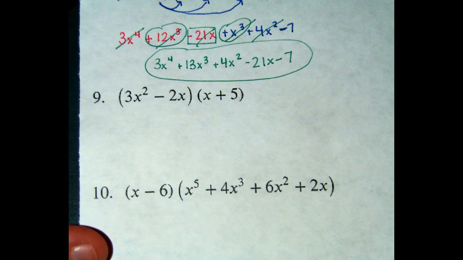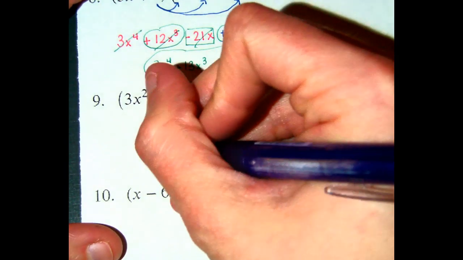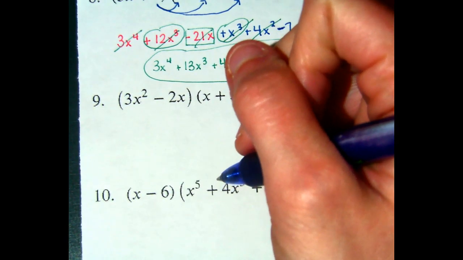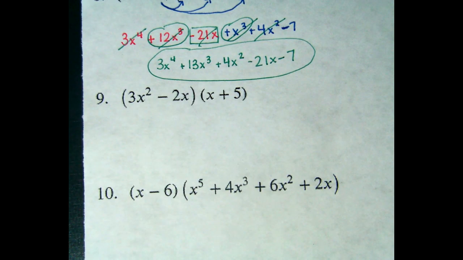If you have finished completely number 9, somebody tell me what their final answer for number 9 was. The final answer for number 9. If you haven't finished it, you need to be working it.